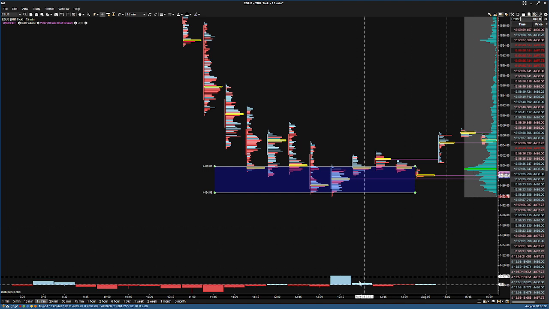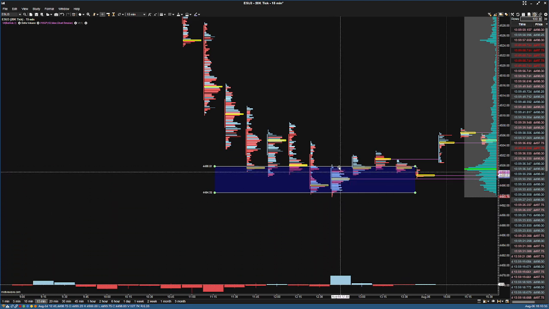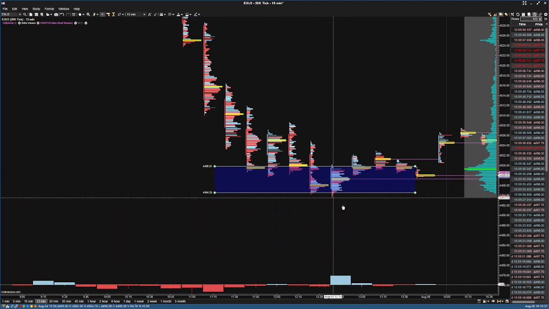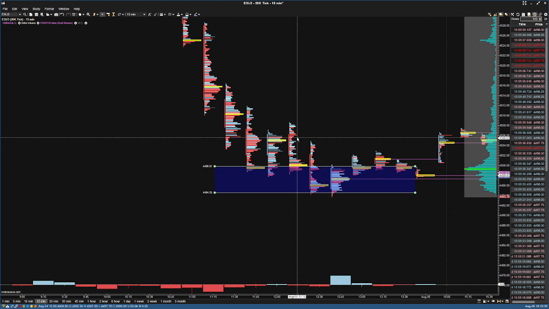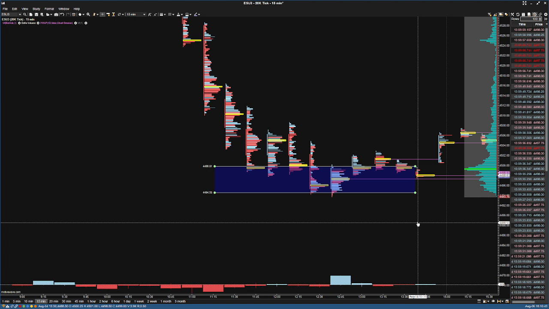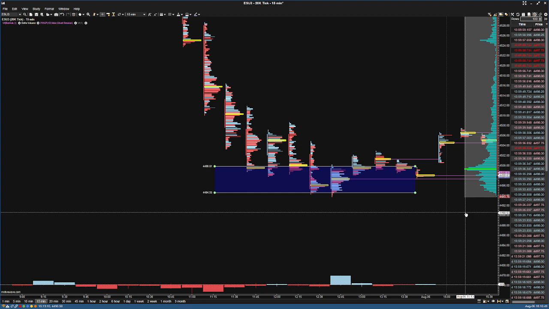But this just really shows us all this positive delta in this 15-minute candle, where people either got out or it was a value area before, so they're like, we're gonna long it again. But again, 4500, it's not surprising that that's an area with high volume.